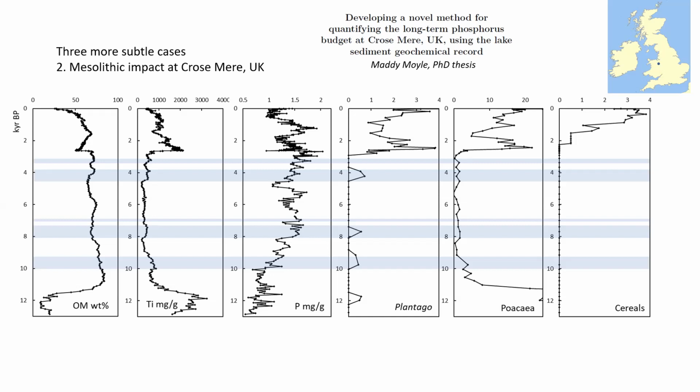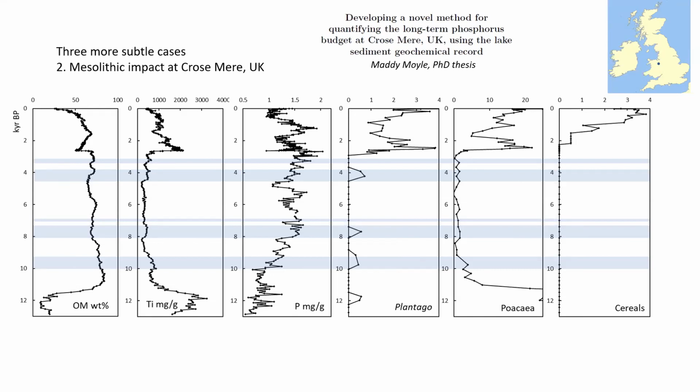And if you look to the Plantago pollen, you can see that the 3 main events have associated Plantago. So that's of course indicating more open woodland, and it's not unreasonable to say then that we've got some indication we have open woodland related to soil erosion.